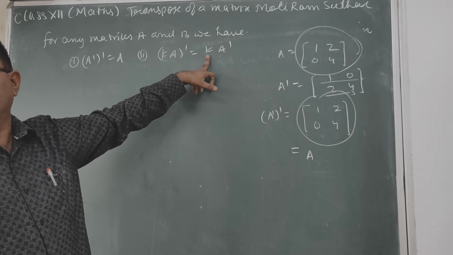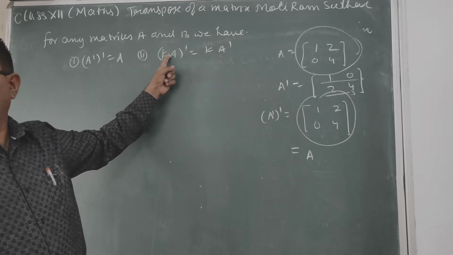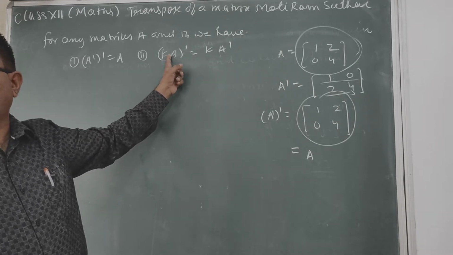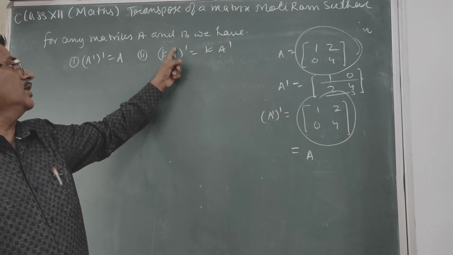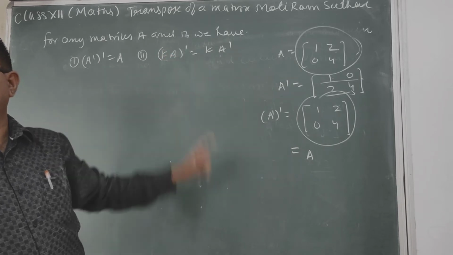Both have the same result, because we know that we have to multiply each element by the constant.